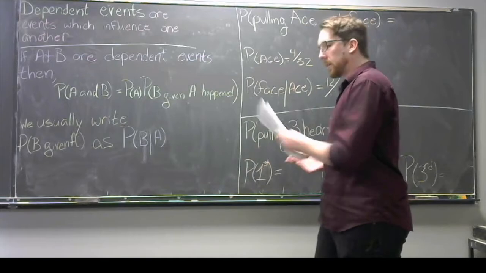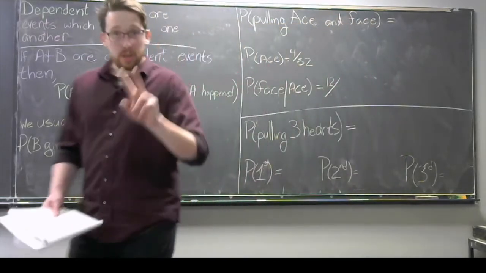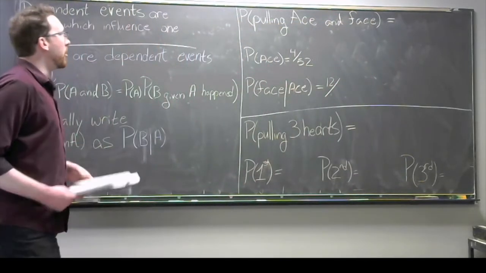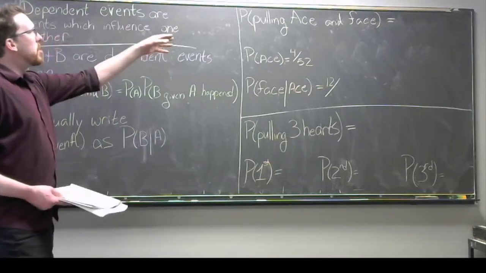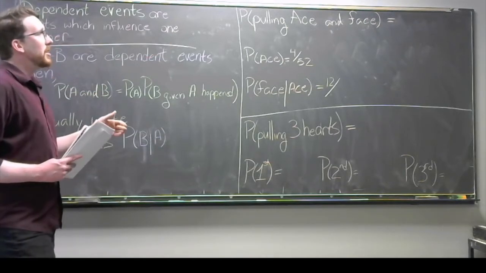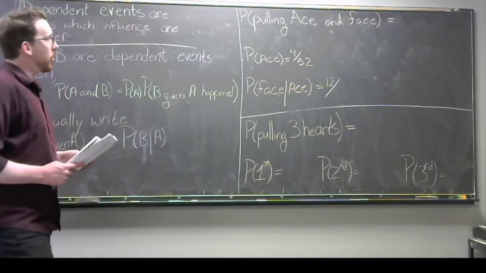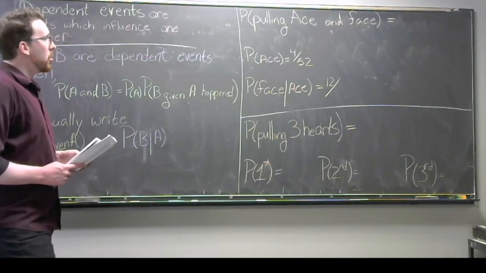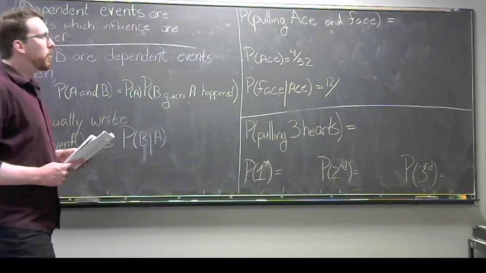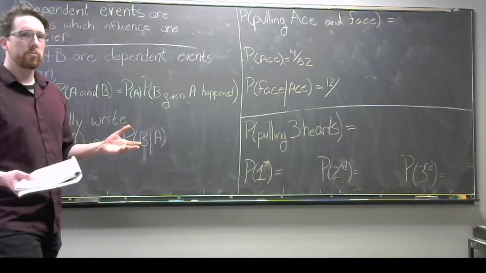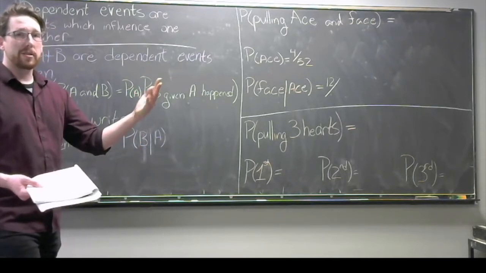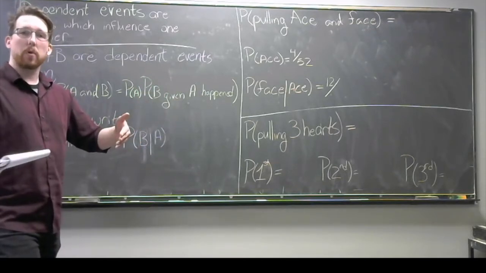So let's look at an example. Let's look at two examples actually. We want to know what the probability of pulling an ace and a face card is. Well, the probability of pulling an ace, there's only 4 aces, 52 cards, so the probability is 4 in 52.